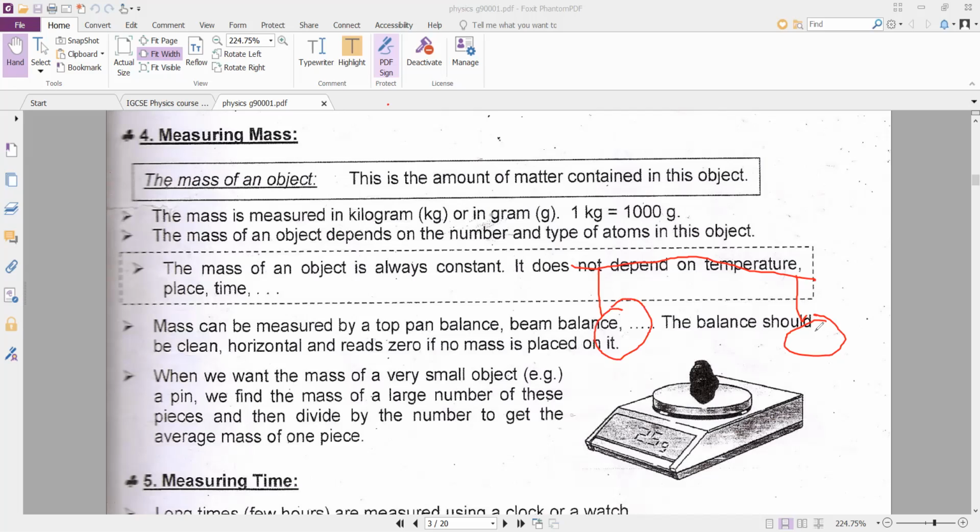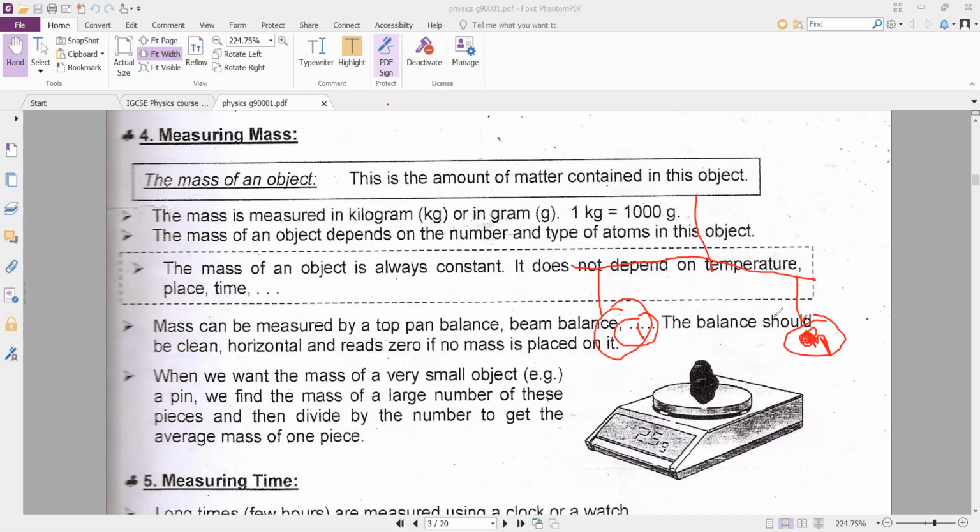Then we add some weights, for example 1 kilo or half a kilo. This is what we call the beam balance. It's the oldest way to measure masses.